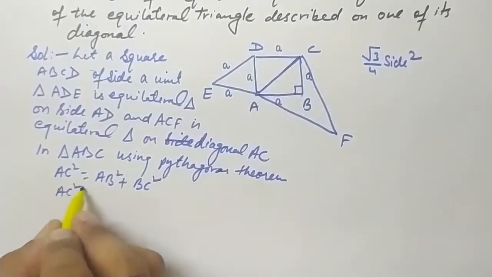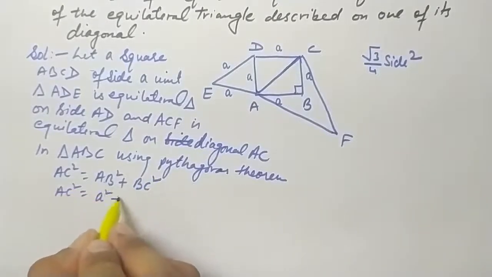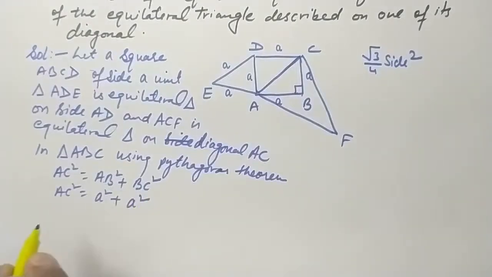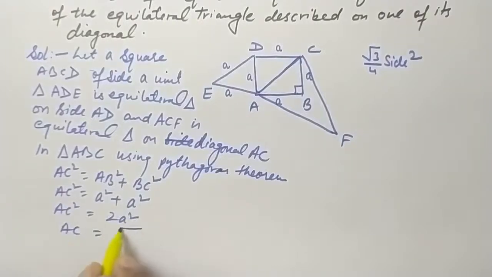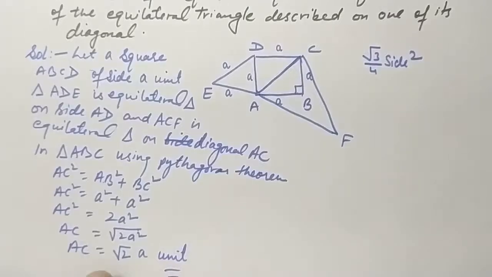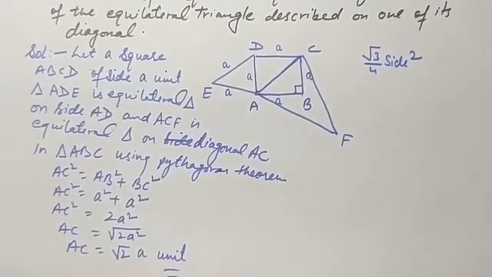So AC square is equal to base A, that is A square, plus BC is also A. So AC square is equal to 2A square. So AC is equal to square root of 2A square. Square root 2 stays, and A square under the root, square and root will cancel. So it will give root 2 A unit. This is the side of the equilateral triangle which is on the diagonal, because the diagonal length is this.